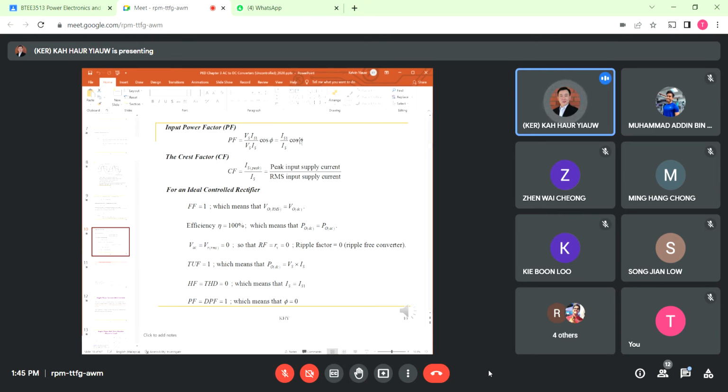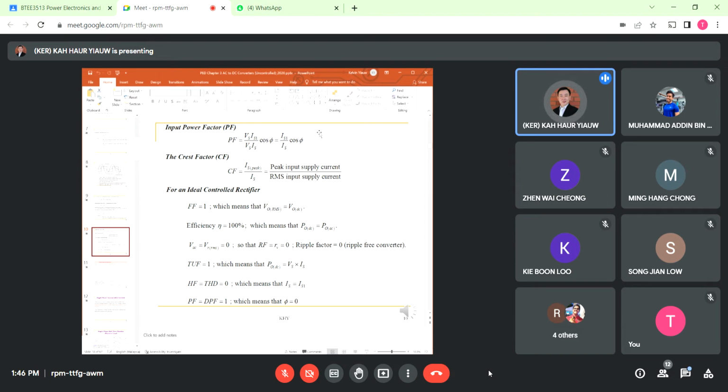It will equal 1 because your phi here is 0. So the power factor should be equal to the ratio of your fundamental over your IS. And believe me, if your load is resistive, your IS1 value will be very close to your IS, so this power factor could be very, very high.